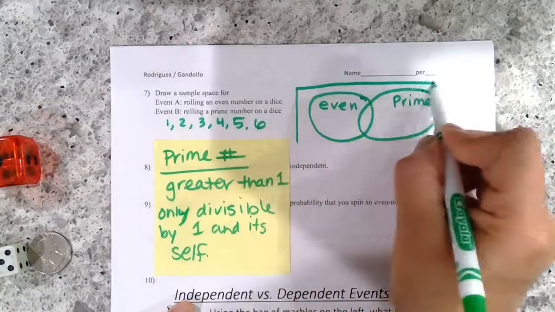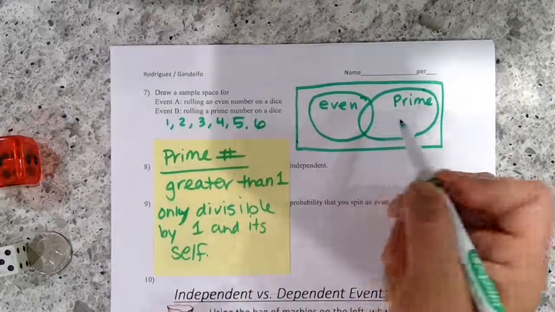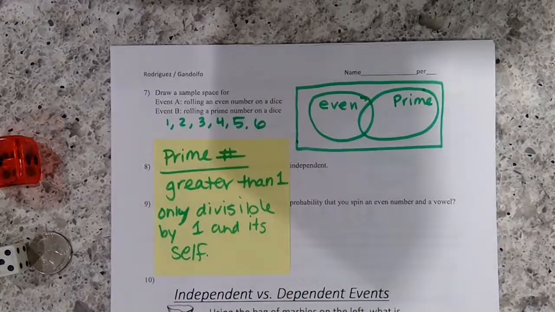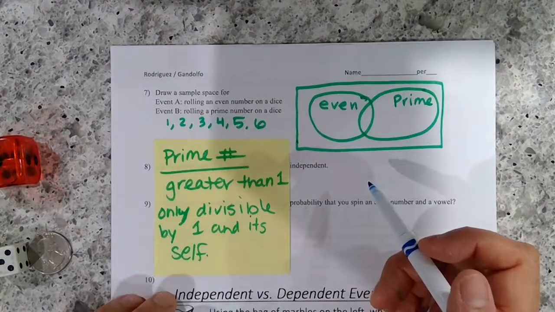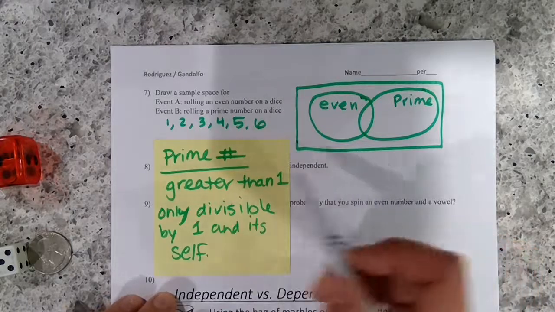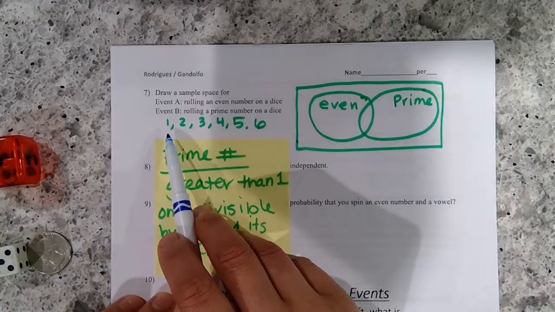And then you always have your set to make sure it includes something that may not go in there. All right, so let's go with our, should we start in order? Okay. 1, is 1 a prime number or an even number?